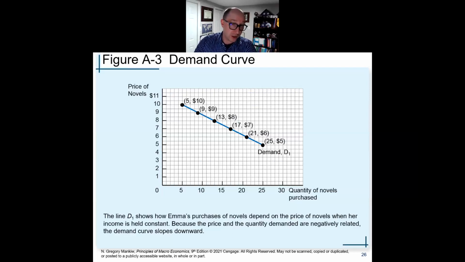You're going to buy less of something when the price goes up. When the price comes down, the quantity demanded goes up. So the lower the price, the more you might want of that particular good. So that's the relationship for demand.